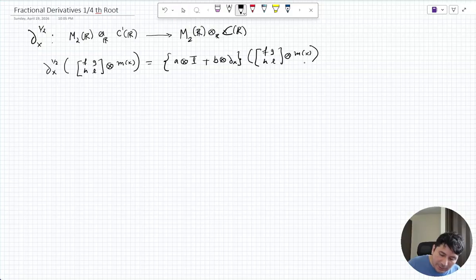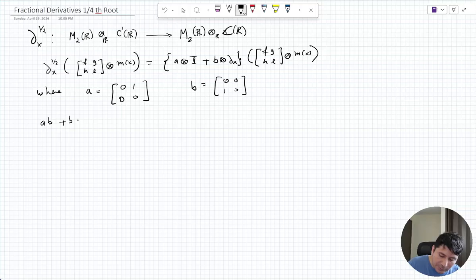Now that we said that, where A is equal to 0, 1, 0, 0, 0, and B is equal to 0, 1, 0, 0, 0, and AB plus BA is equal to the identity, A squared equals 0, which is equal to B squared.